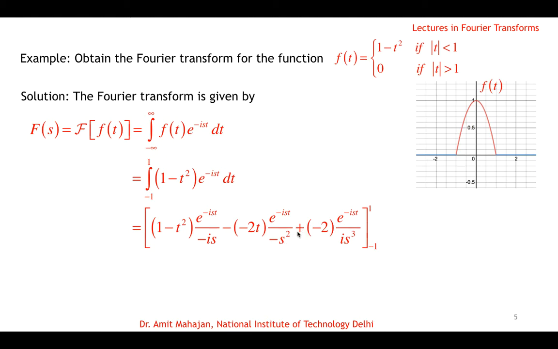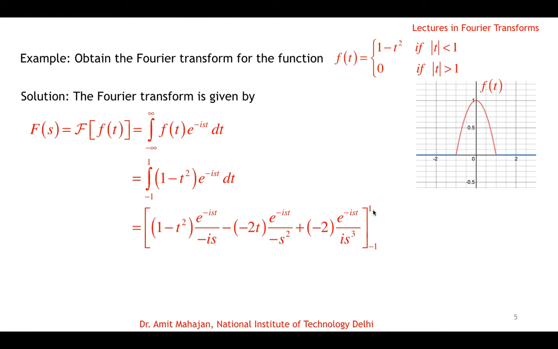Then the sign changes to plus, the derivative of this function, which is minus 2, and the integral of the exponential divided by minus iota s, which multiplied with this becomes iota s cube. Then the next term has a negative sign and the derivative of this, which is 0, so further terms will be 0.